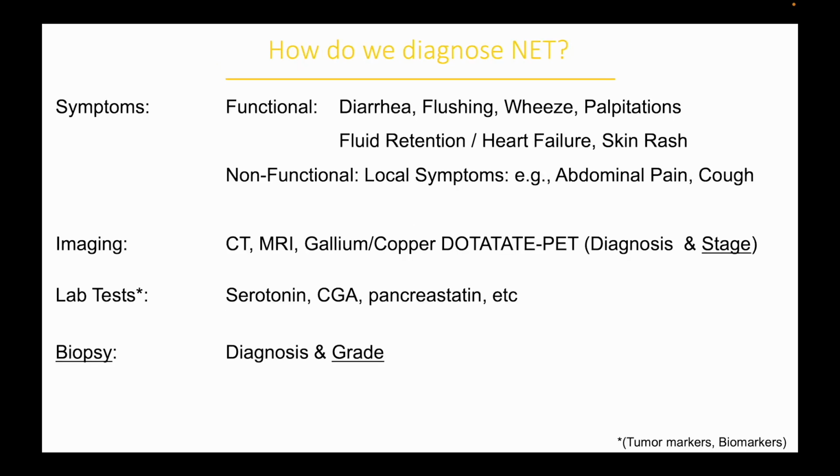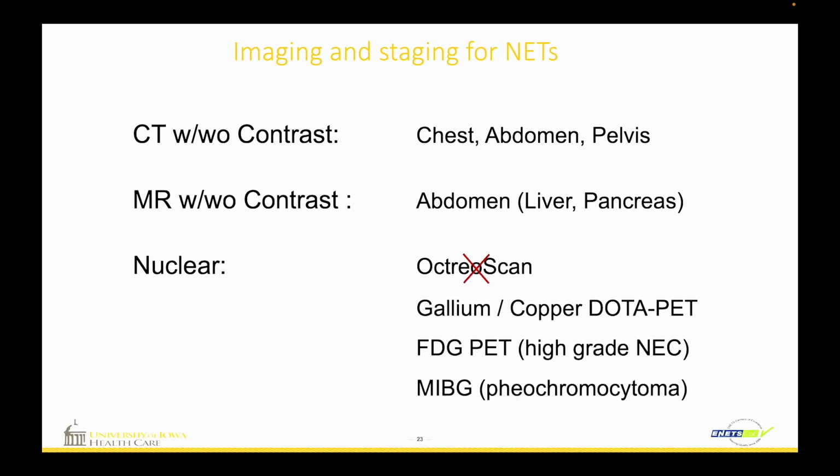So diagnosing people with NET, as we mentioned, symptoms, some imaging, some lab tests, biopsy. Let me just give some brief discussion about some of these things. So glad that Marianne has already taken Octreoscan off the table.